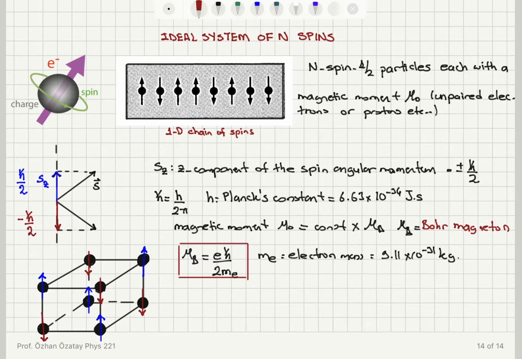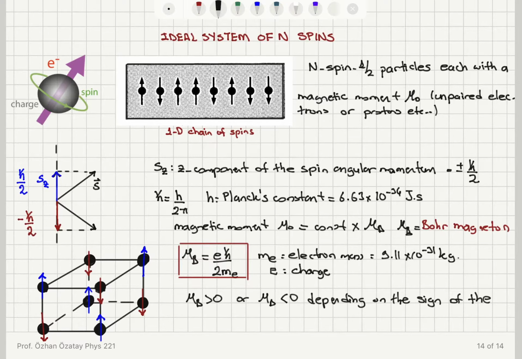Now you can see the electron charge e is a charge. It's going to be negative value if it's an electron, positive value if it's a proton. So the Bohr magneton can have a positive sign or negative sign depending on the sign of the charge.